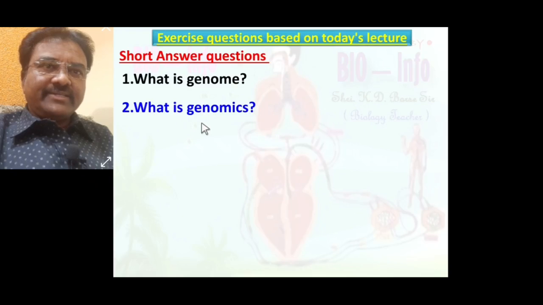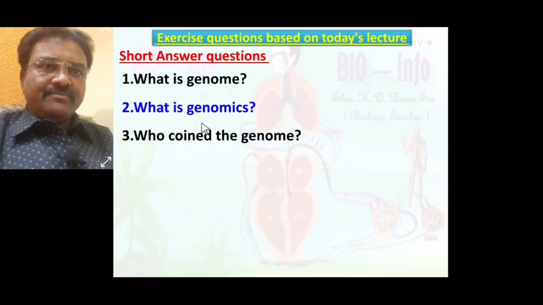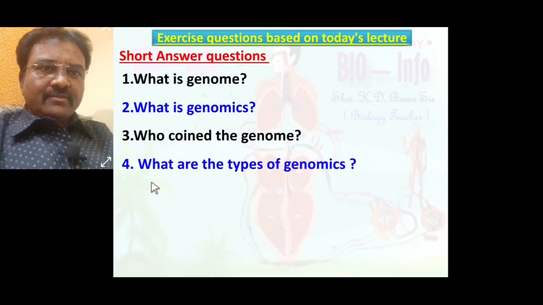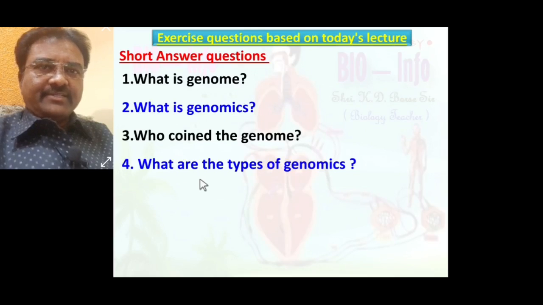The study of the genome through mapping, sequencing and analyzing along with its function is called genomics. Who coined the term genome? H. Winkler coined the term genome. What are the types of genomics? There are two types, structural genomics and functional genomics.